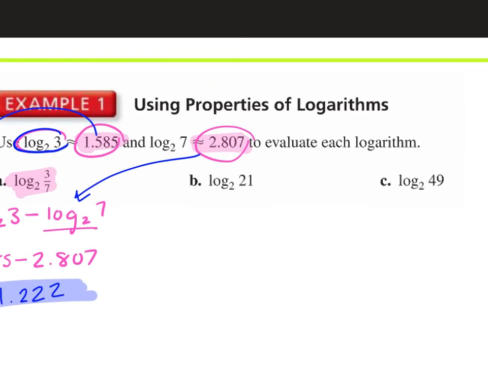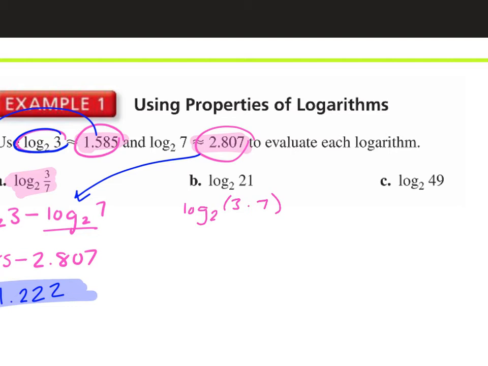All right, let's do it for B. How can we get that 21 in terms of 3 and 7? So multiplying them. So this would be log base 2 of 3 times 7.